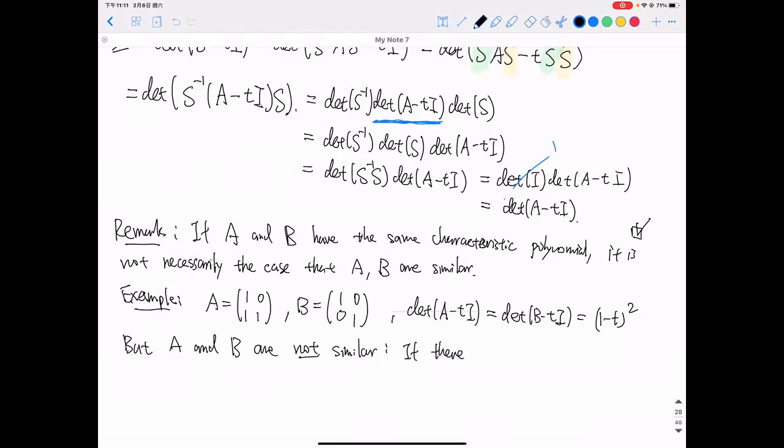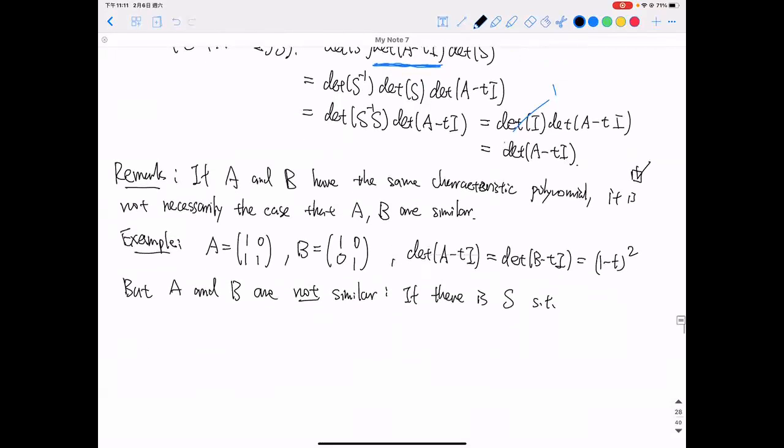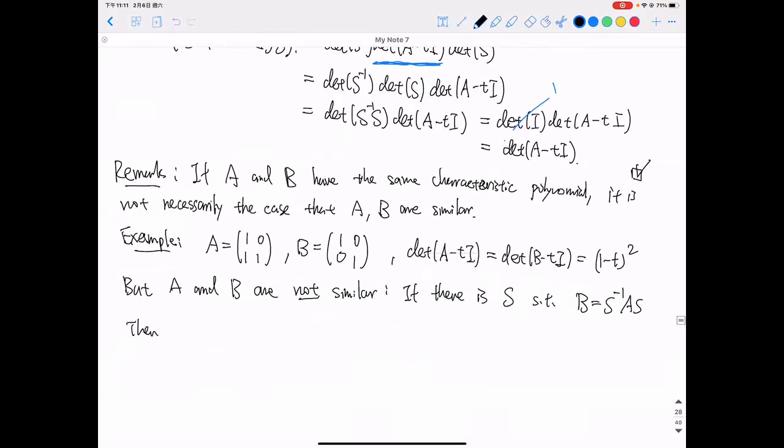Suppose they were. If there is S such that B is equal to S inverse AS, then what? You see, B is the identity matrix. The identity matrix is equal to S inverse AS, is what we're getting.